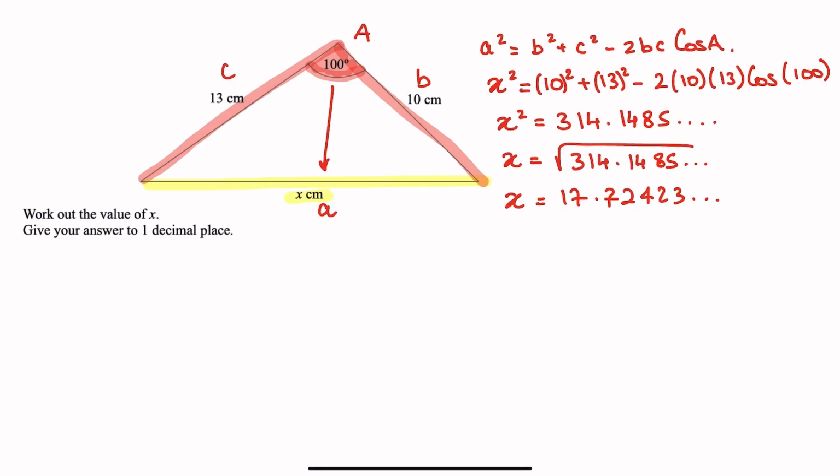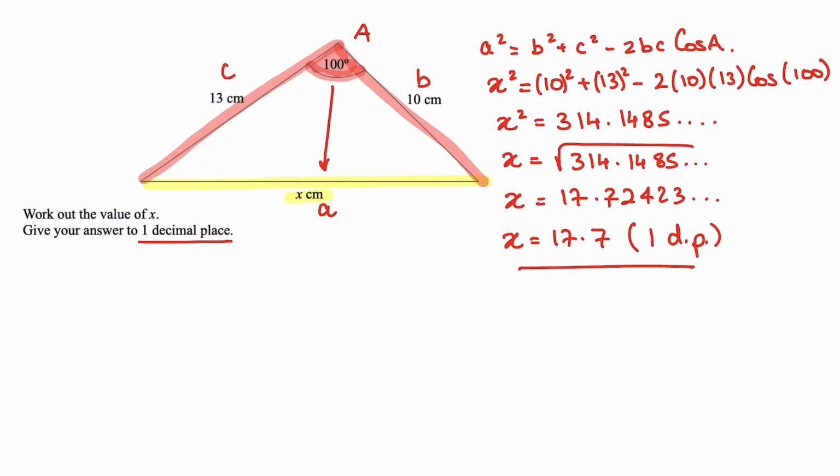So now the question told me to give the answer to one decimal place, so therefore I can rewrite the value of x as simply 17.7 and put in a bracket 1 dp, which means one decimal place. And this is the answer for my first question here.